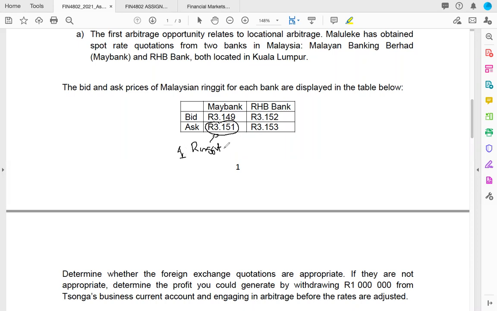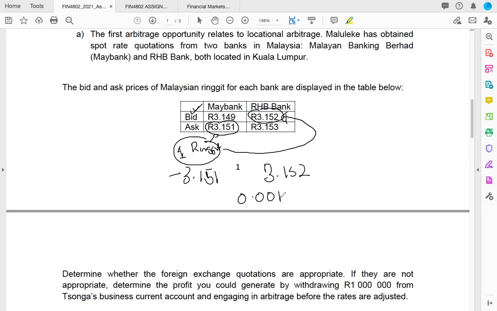Then you can take that 1 ringgit and go to RHB Bank, where RHB Bank is buying these Malaysian ringgit at 3.152 rand. So you spend 3.151 rand to get 1 Malaysian ringgit, then you sell it to RHB Bank, which gives you 3.152 rand. So you can make a profit of 0.01 rand per ringgit.